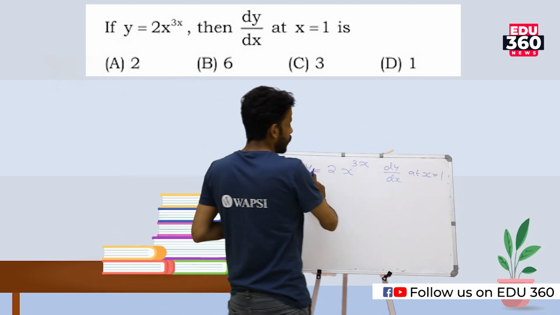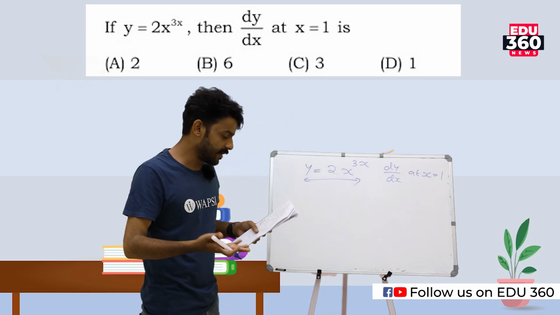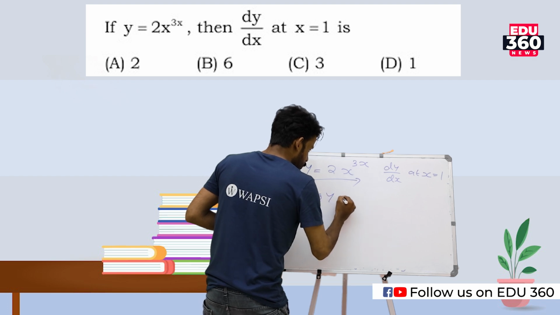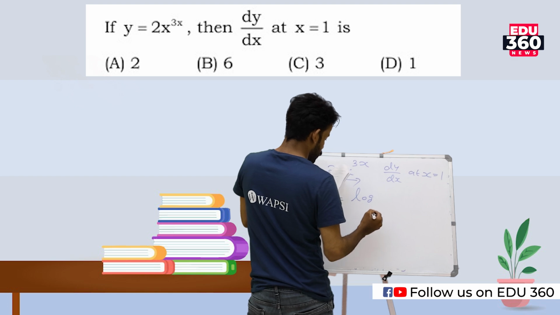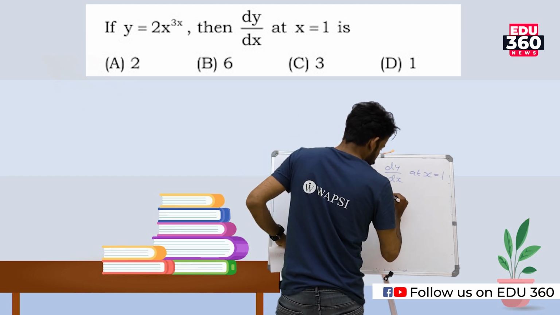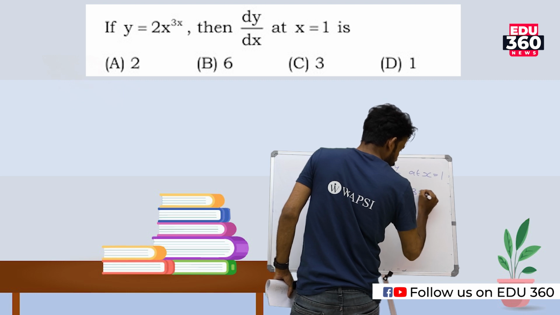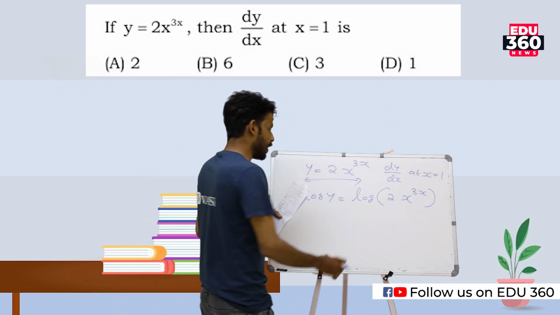First of all, we can take log on both sides. So log y is equal to log of (2x) raised to 3x.